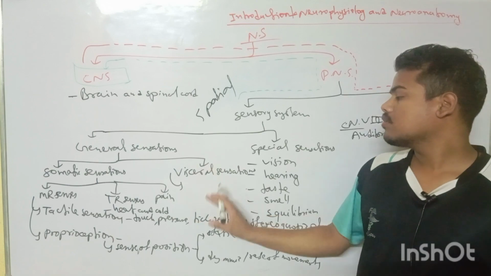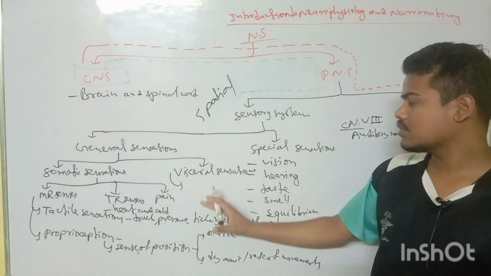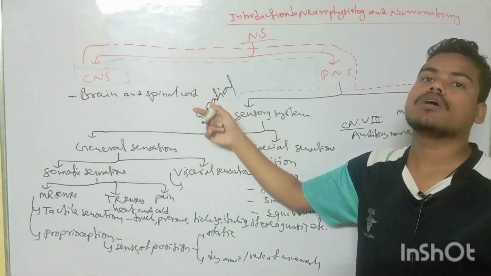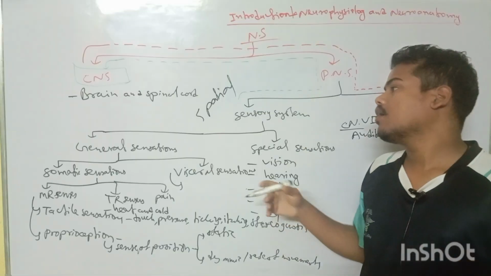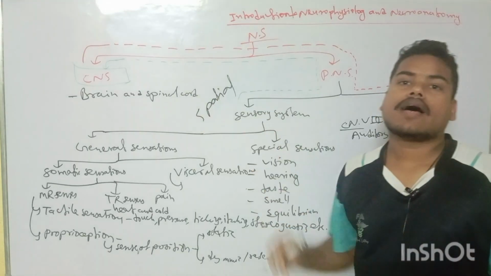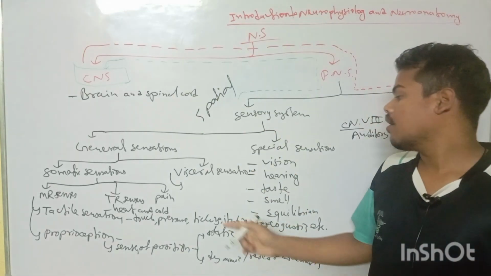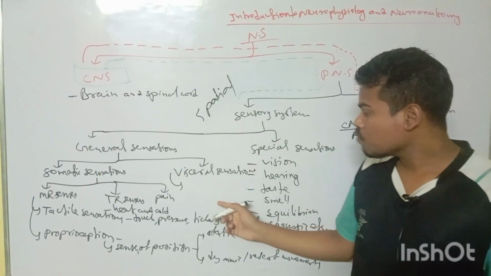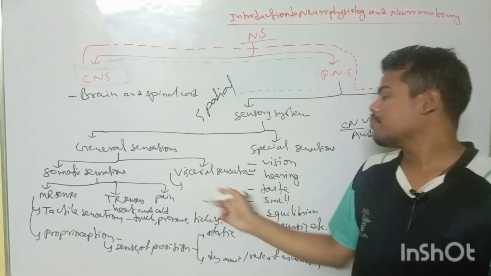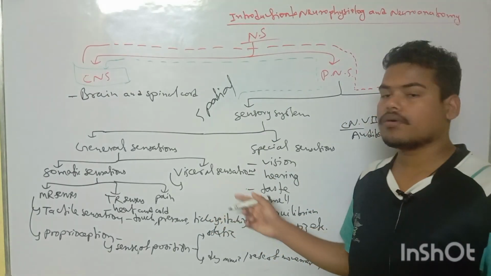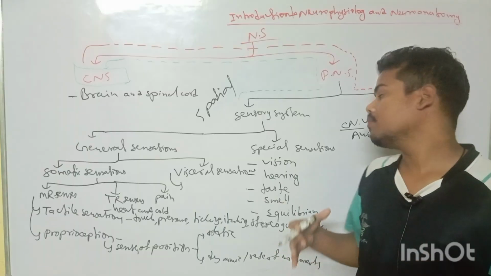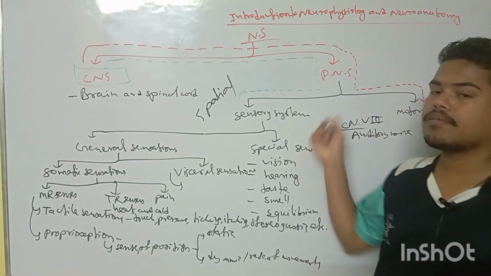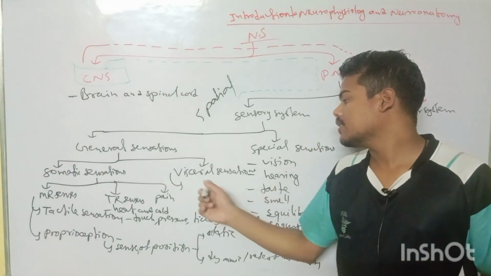Because these sensations will only be carried to the lower central nervous system, like the hypothalamus, brainstem, etc. Mainly, sensations from the GI tract will be carried through the autonomic nervous system. I have talked about that in detail.